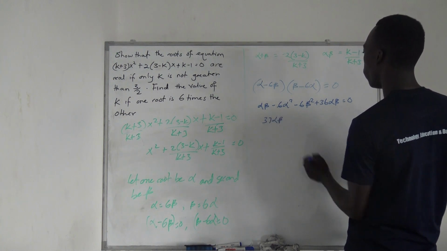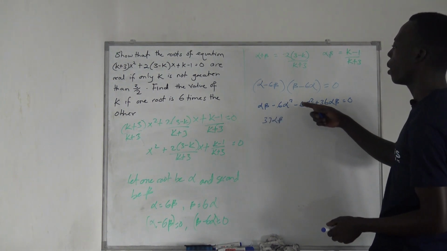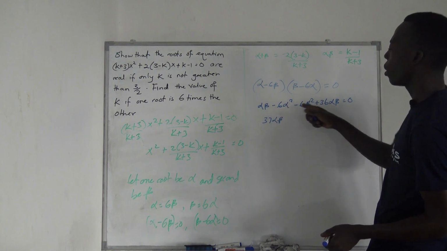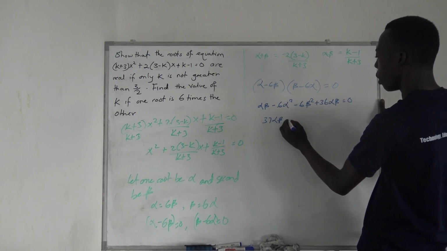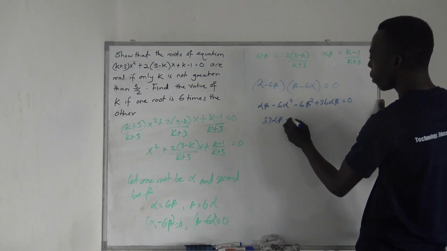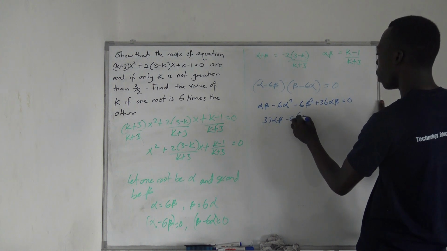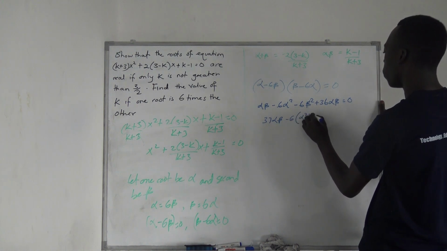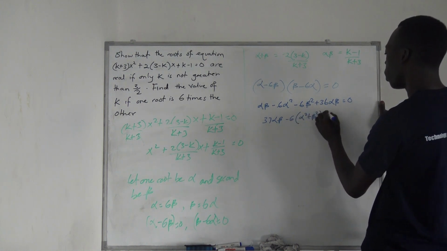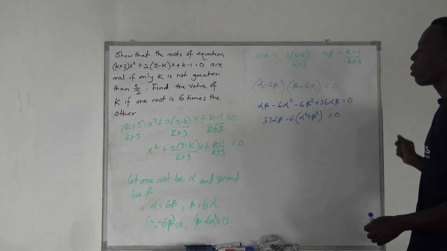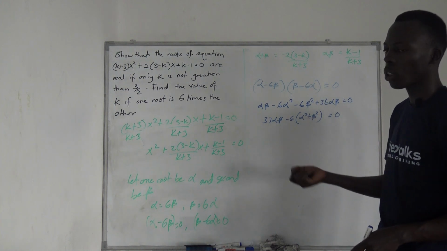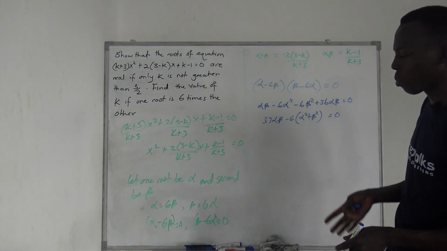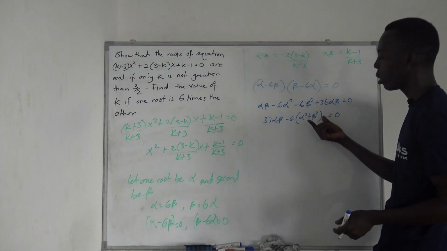So now we are here, this one and this one, where we factorize out the common factor, which is minus 6 into alpha squared plus beta squared equals 0. But also we saw in the other scenario that we can deal with this by expanding it so that we come out with the desired value.